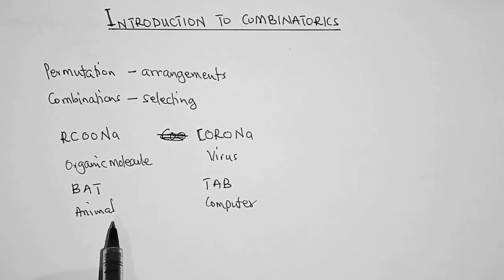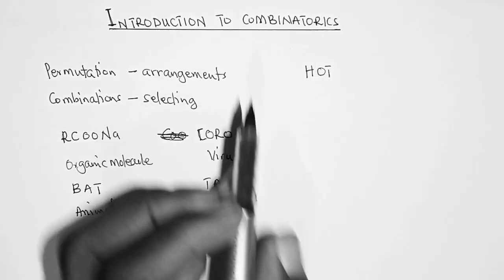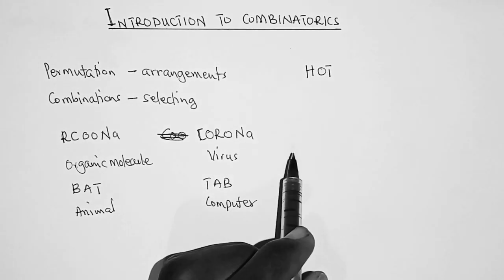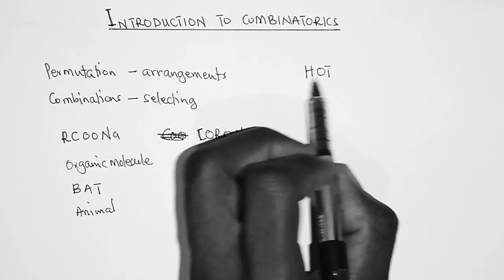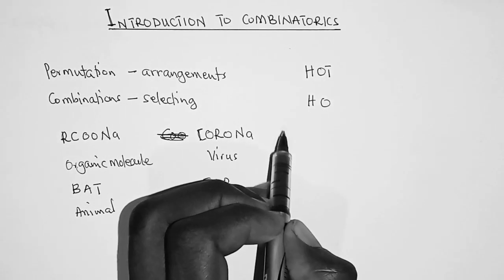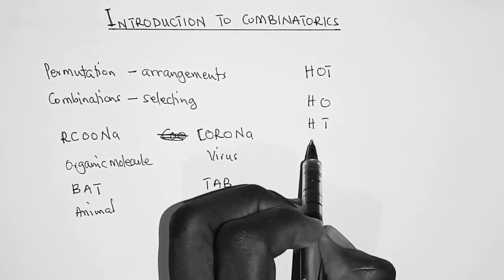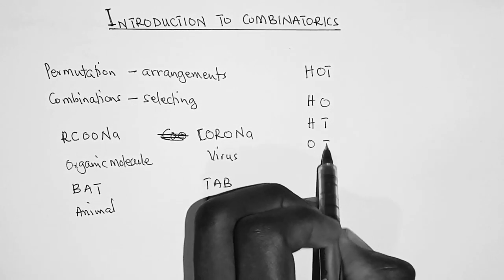So in how many ways can we arrange the word HOT if we are to take two letters at a time? So let's take first HO, and then the second one HT, and the third one is OT.